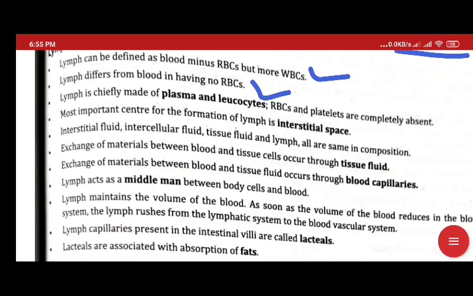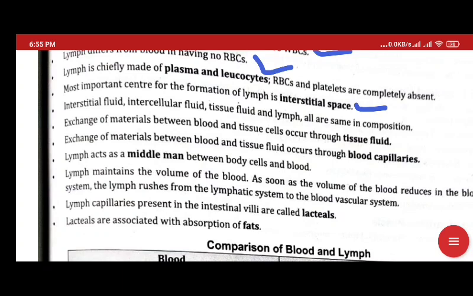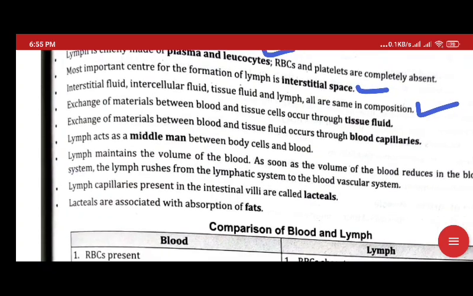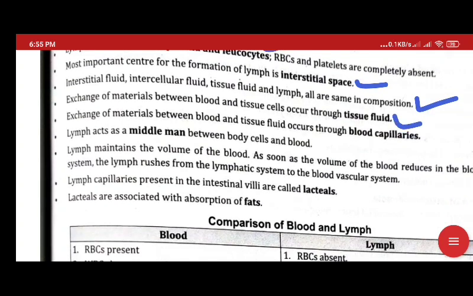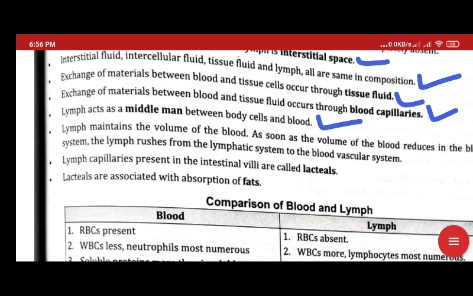The site of formation of lymph is the interstitial space, all the same liquid. Exchange from tissue fluid and blood capillary is the major exchange. This is called the middleman of blood and blood cells.